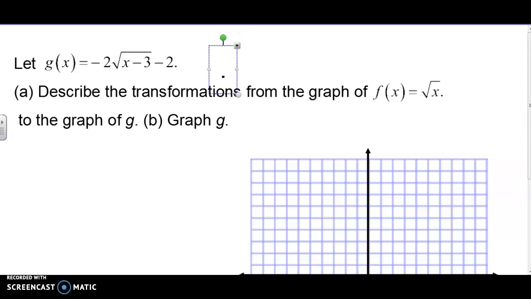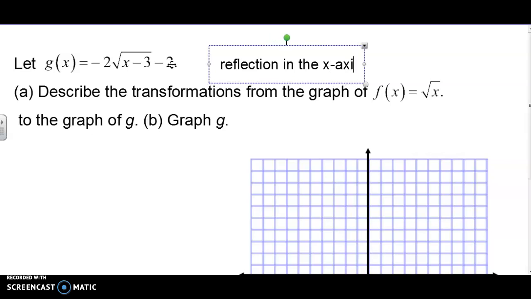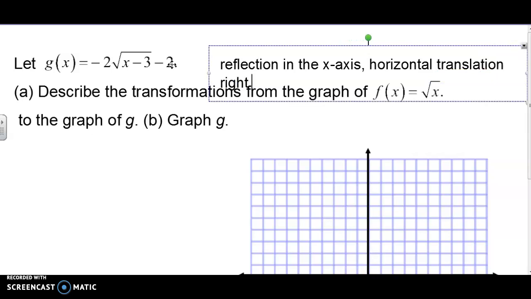Okay, so for the transformations that we're going to have, there are a decent amount of them here. So the first one, the negative sign in front would be a reflection in the x-axis. The next one, we're subtracting 3 inside, so that would be a horizontal translation, right 3 units.